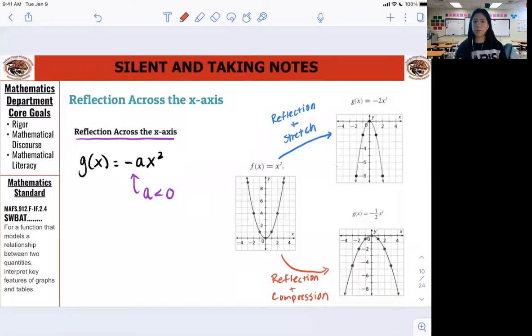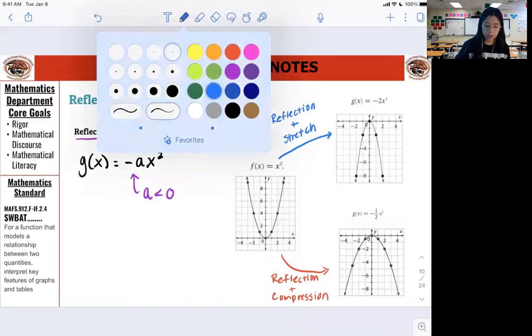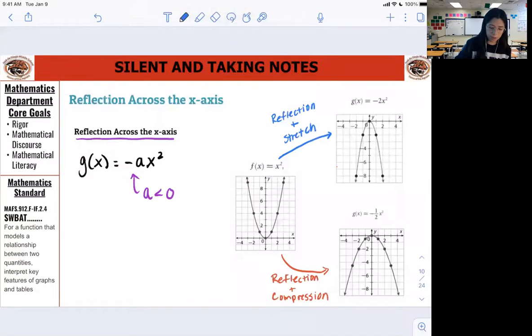So again, take a moment to write the definition, and you can sketch those little graphs. They don't have to be perfect, but as long as you show very clearly that one of those is skinnier and the other one is wider, that's really all the information that you need. So it's very useful to have these little sketches. But if you don't have time right now, you can always go back and watch the video in order to review.